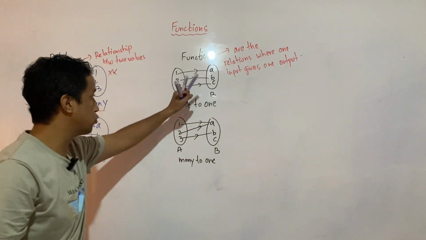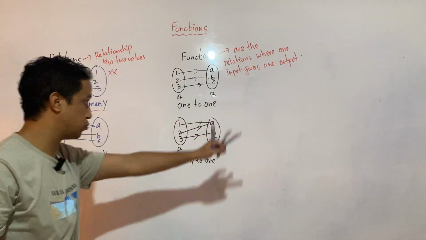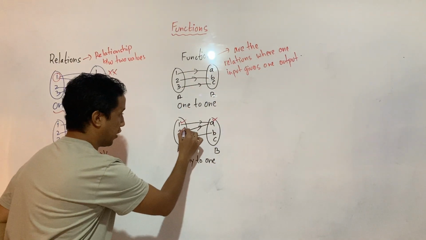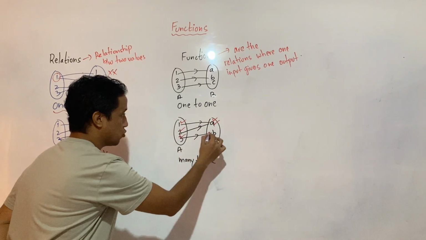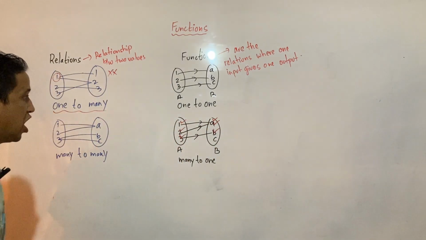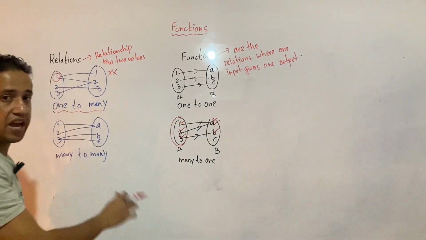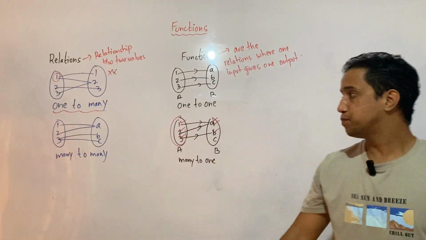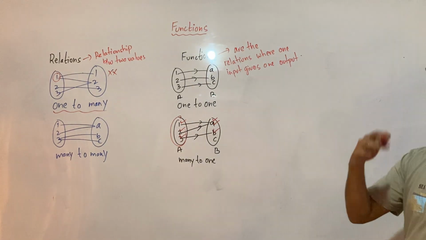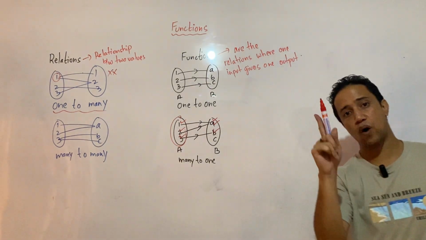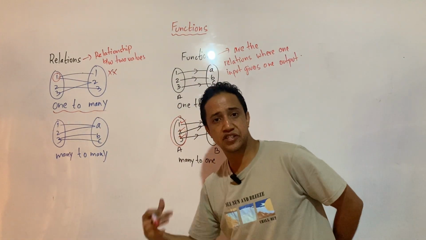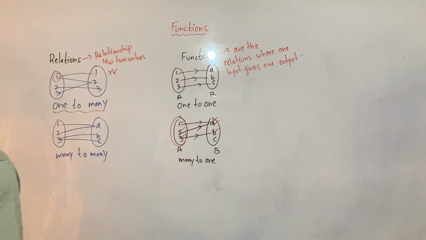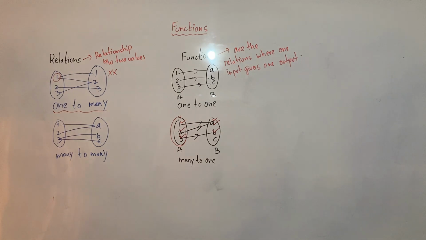These are inputs. For one input, you have one output. And every element in set A has an image in set B. So function means that for each input, you have one output. Relation simply means the relationship between two values. I hope you understand it.